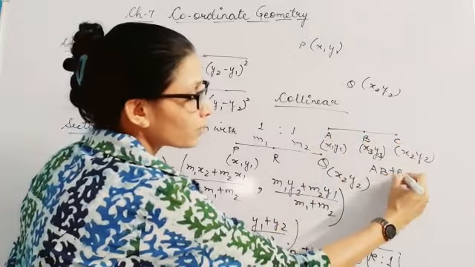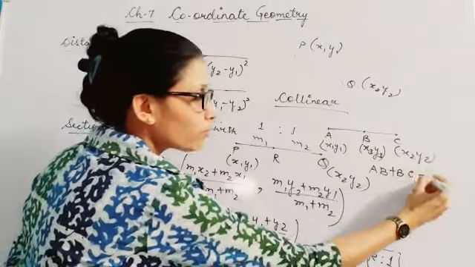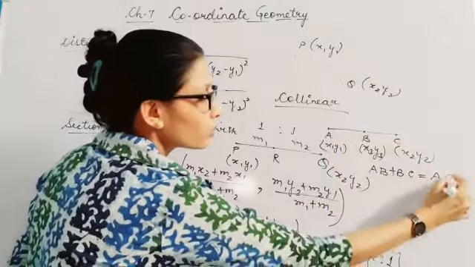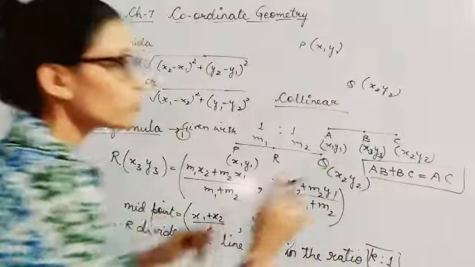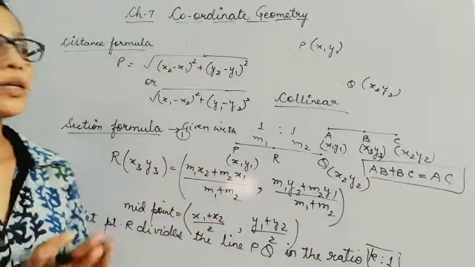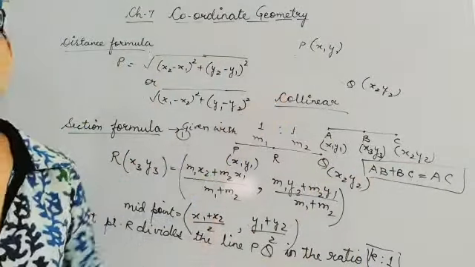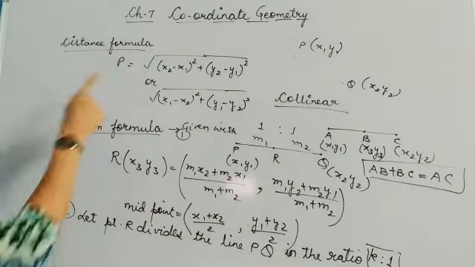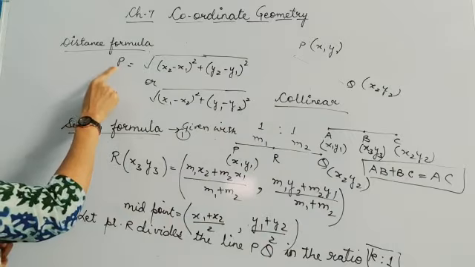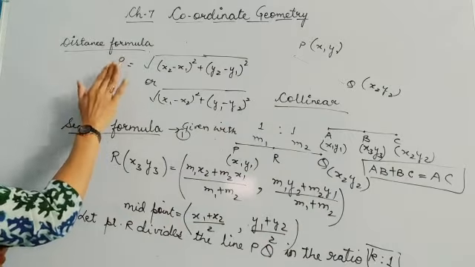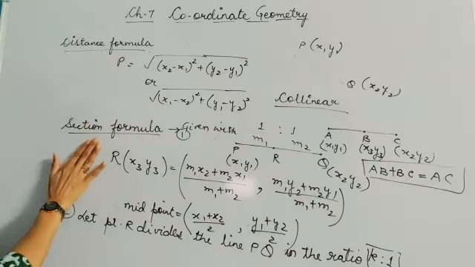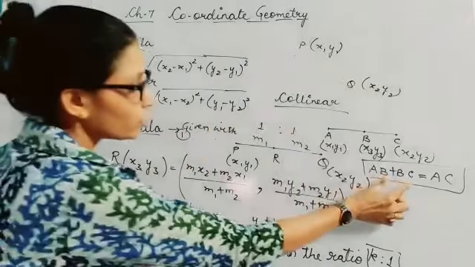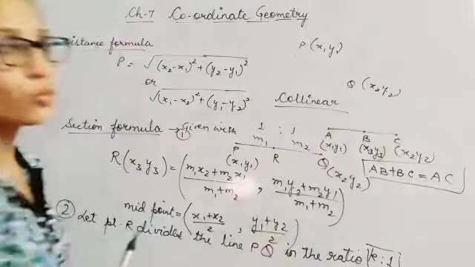So AB plus BC, it should give me distance AC. So this is the condition you are going to apply whenever you are proving the collinearity of 3 points. So for this chapter, you need to remember distance formula, you need to remember section formula, and the condition to prove the points to be collinear.